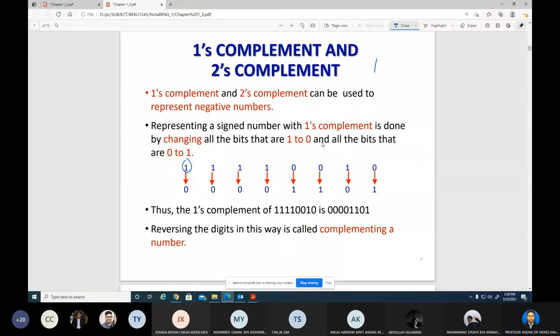For example, we have 1011. Inverting it, this one will be 0, this one 1, this one 0, 0. That we call the first complement. Another example: we have 011011. Using the first complement, we just convert directly: 1, 0, 0, 1, 0, 0. This one we call the first complement.